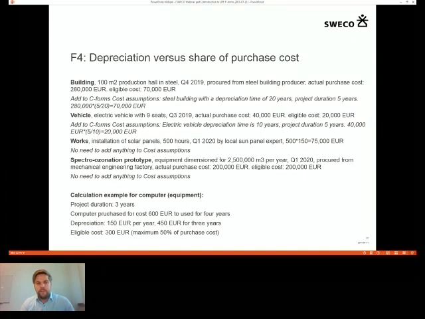For 3 years, this will mean 450 euros in depreciation. And since depreciation is an eligible cost in the program, we expect that the eligible cost would be 450 euros. But in fact, the eligible cost is only 300 euros because the eligible cost is maximum 50% of the purchase cost. And the purchase cost here was 600 euros. I hope this clarifies a little bit what we want to say.